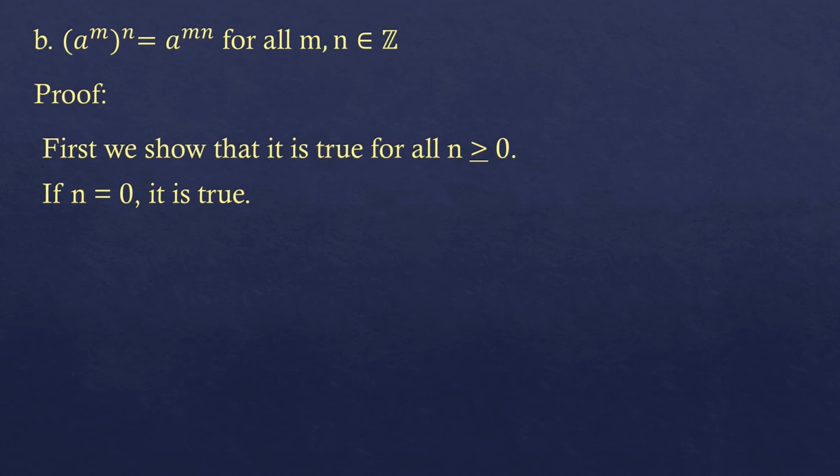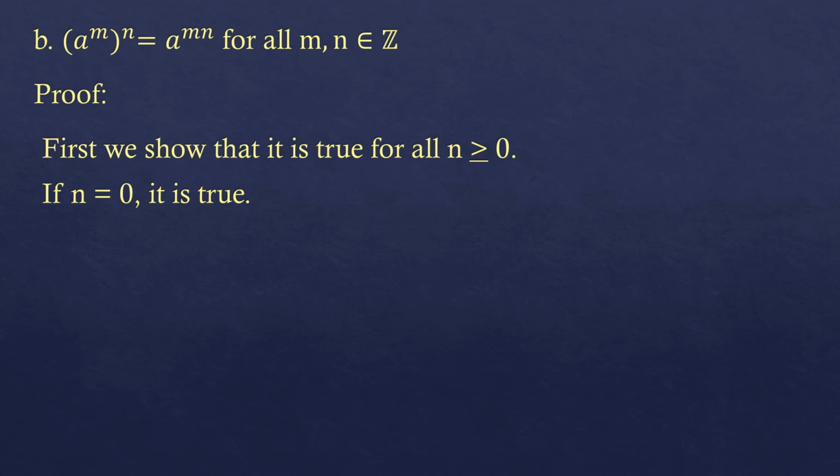So you might wonder why, where is the m? Why is m not necessarily used? Because the n is on the outside. As you can see, there is a grouping symbol enclosing a to the power of m, and then n is there outside, so it is the one that should be shown to be for all n. So let us continue.